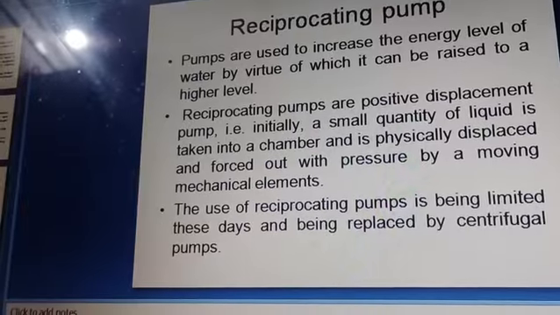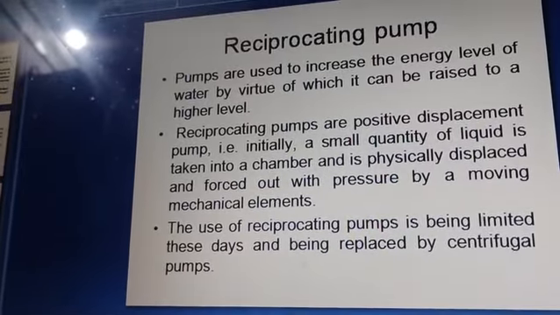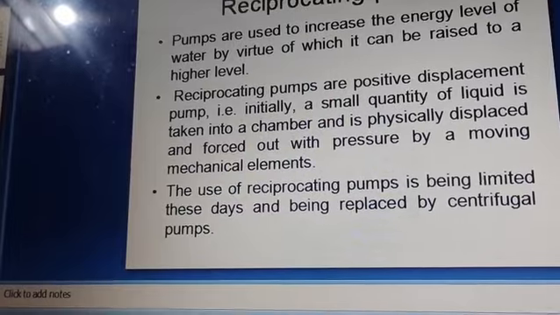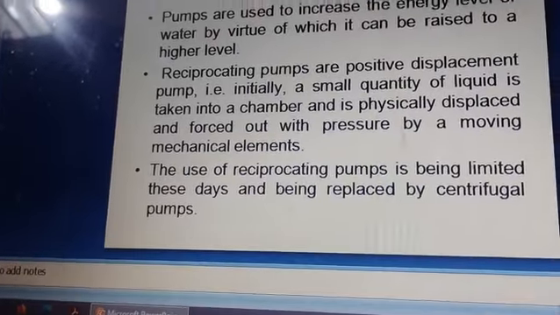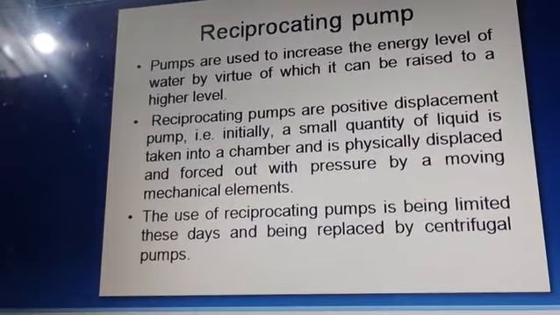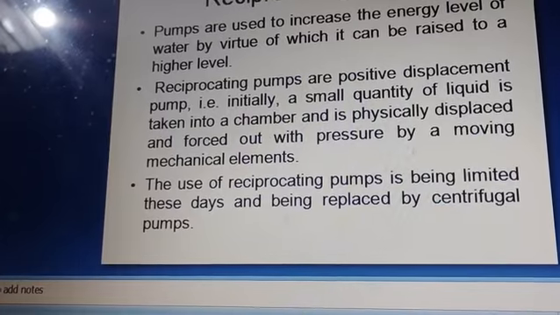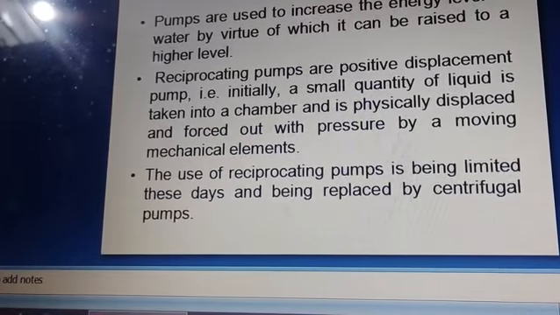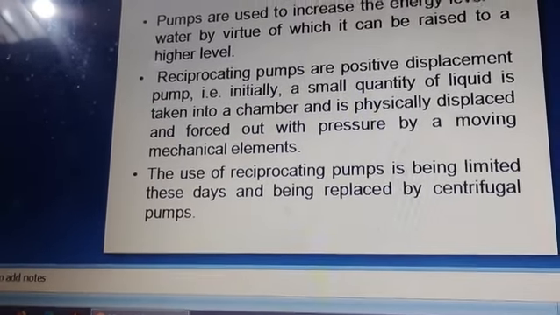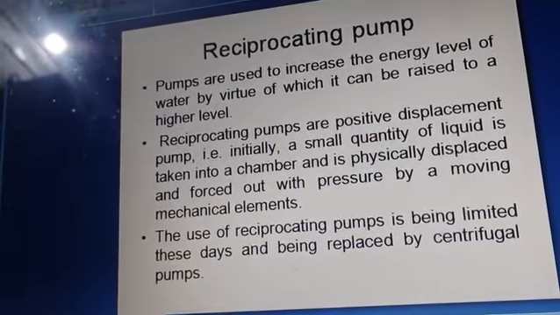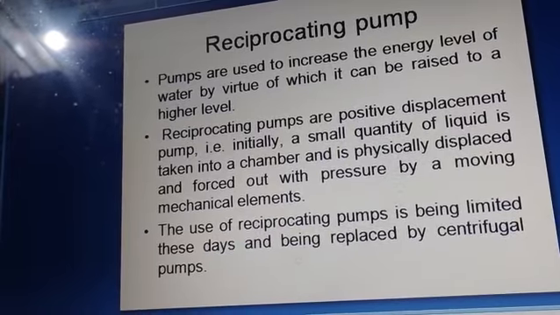Reciprocating pumps are positive displacement pumps, that is, initially a small quantity of liquid is taken into the chamber and is physically displaced and forced out with pressure by moving mechanical elements. The use of reciprocating pumps is limited these days and they are being replaced by centrifugal pumps.